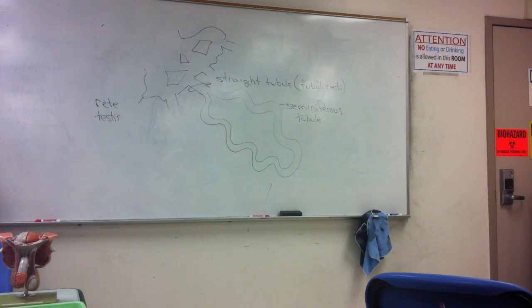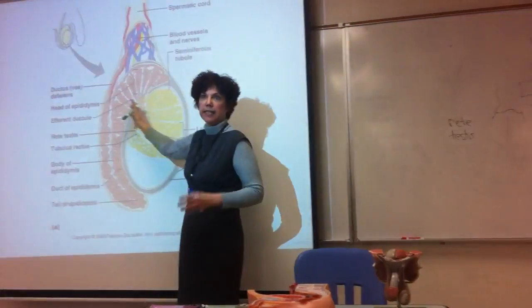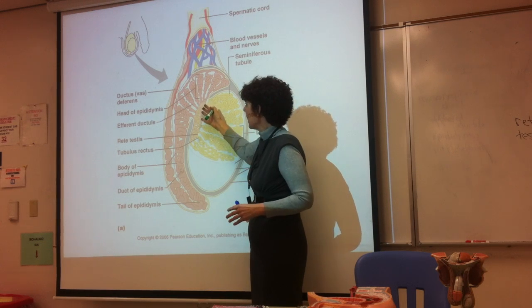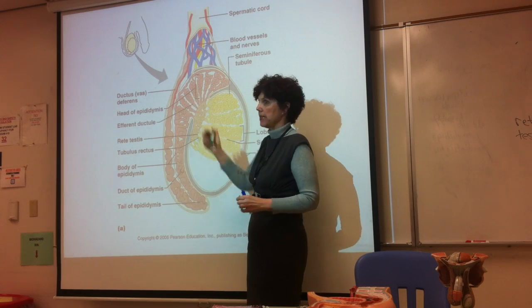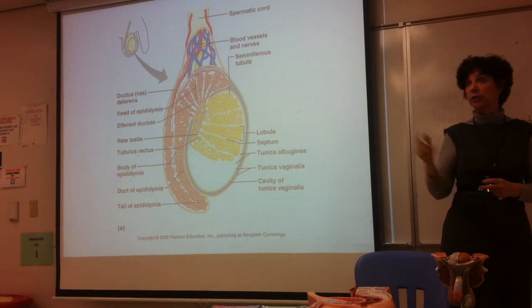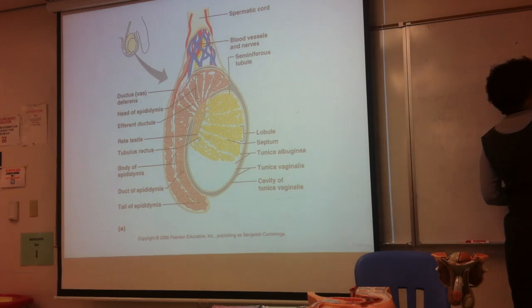Tubuli recti. They both have a T and an R in their name, but they're not the same structure. And these are considered components of the testes, the gonads. The rete testis are then connected to the epididymis by the channels we looked at, the efferent ductules, when we looked at the video of the developing testes.